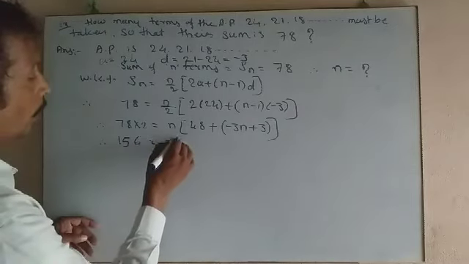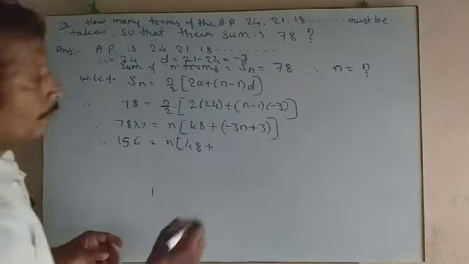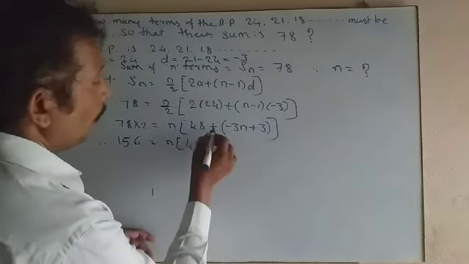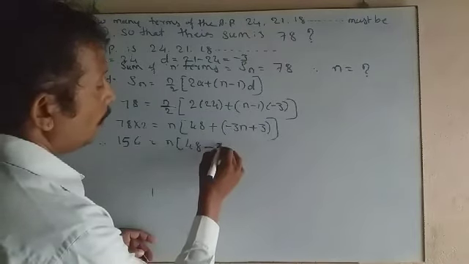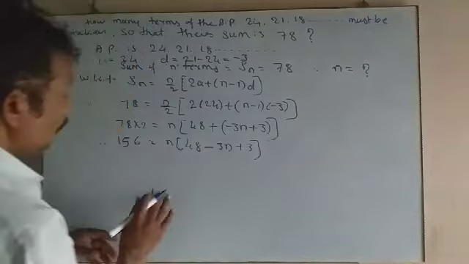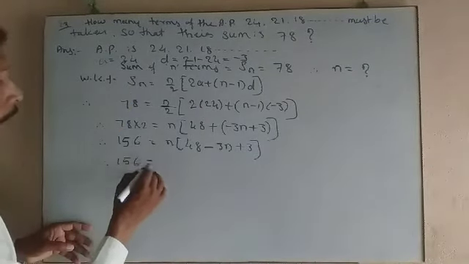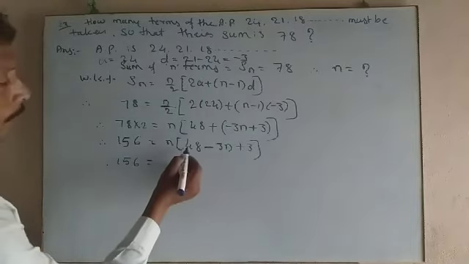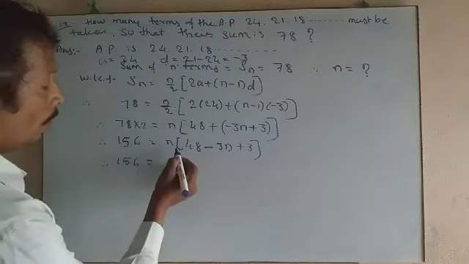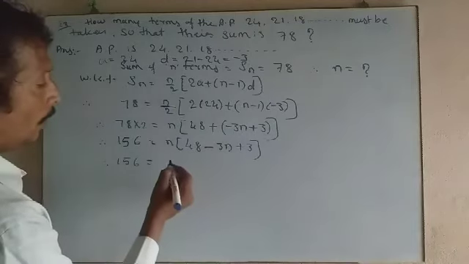That is equal to n into bracket 48 plus, now plus into minus is minus 3n, plus into plus is plus 3.